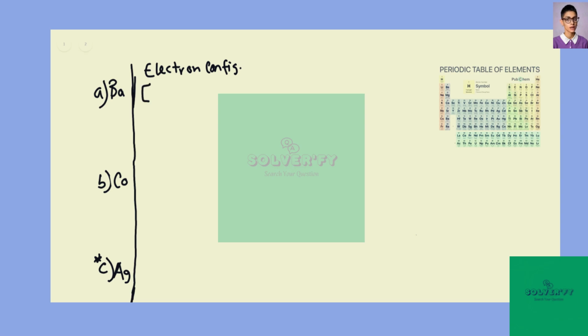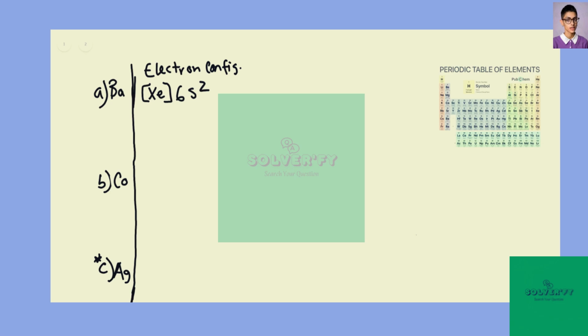So we'll put xenon in brackets because it's asking for the condensed, so we don't have to write everything out. And then from there, we will write out the electron configuration as we normally would. So 6s2. And that's all for that one.